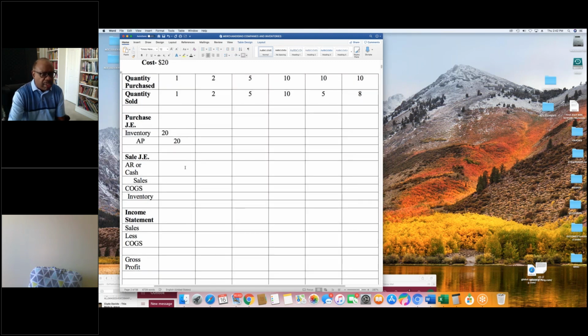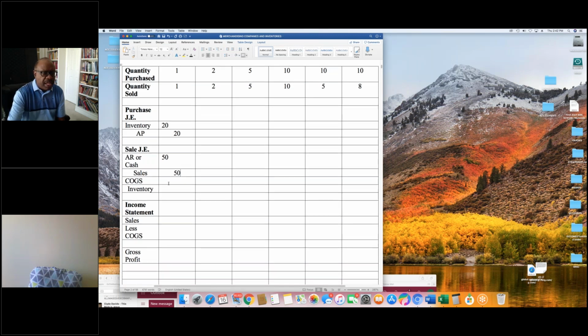Then when we sold the inventory, we debit either cash or accounts receivable for 50, and we credit sales for 50. But we got to make that companion entry, debiting cost of goods sold for 20 and crediting inventory for 20.